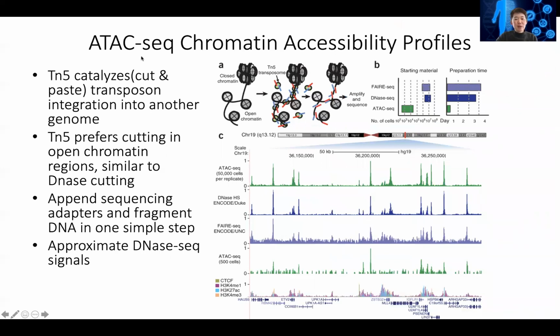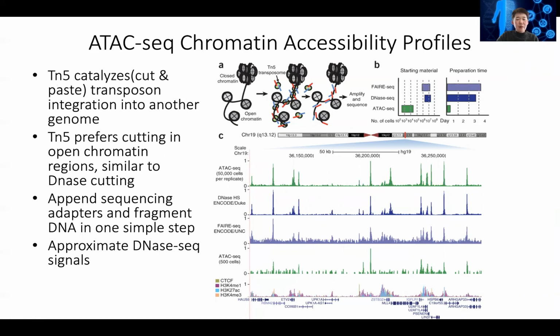Another experiment, which is also looking at chromatin accessibility or open chromatin regions, is a later experiment that was developed about 5 years ago by Howard Chang and Will Greenleaf's lab at Stanford. This is called ATAC-seq. They use an enzyme called Tn5.